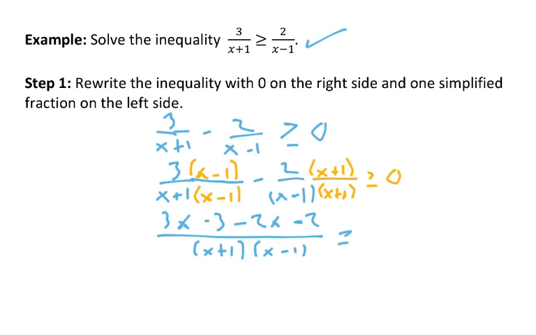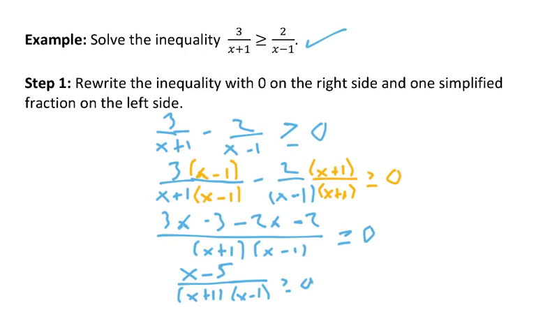All that would be greater than or equal to 0. Combining like terms, we would have in the numerator x minus 5, and the denominator would remain x plus 1 times x minus 1, greater than or equal to 0.